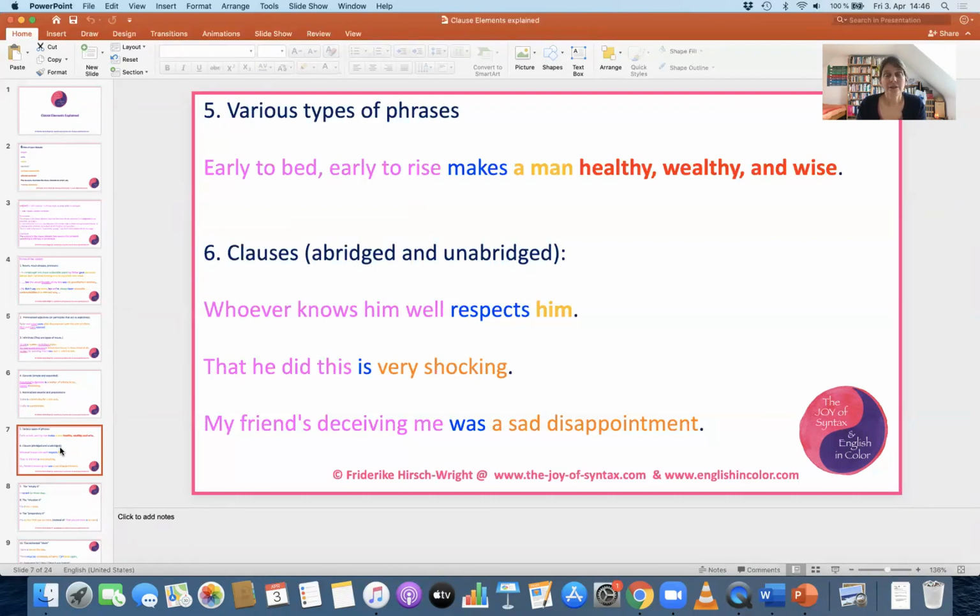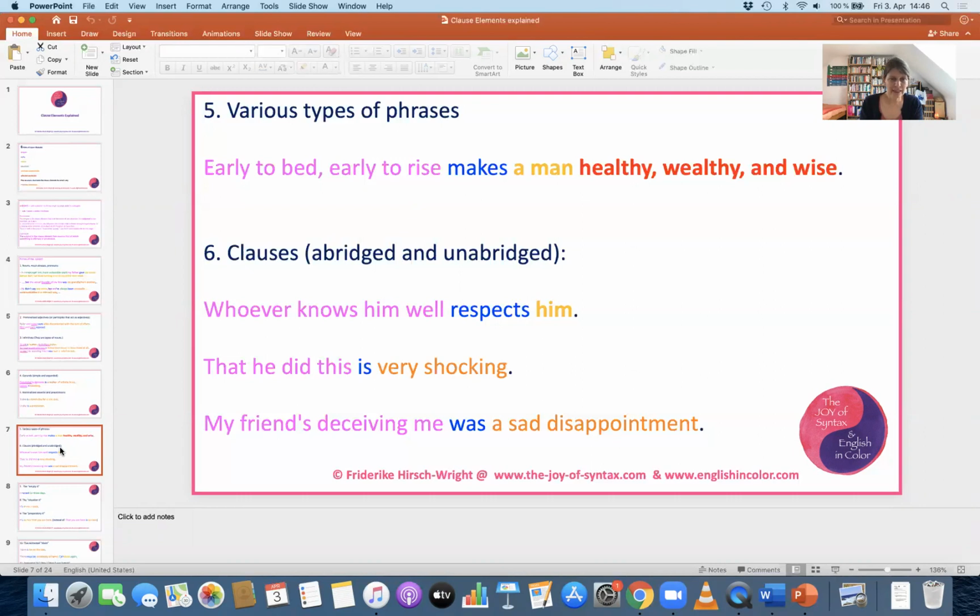We have a nominative absolute as subject, and a nominative absolute can always be turned into a complete clause. So we could turn this into "that my friend deceived me was a sad disappointment." But this is the absolute phrase here.